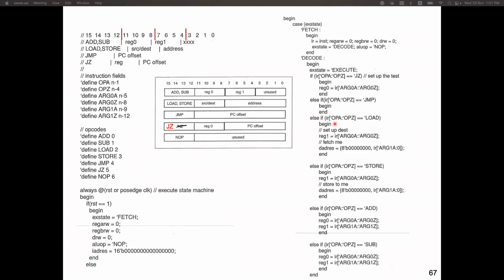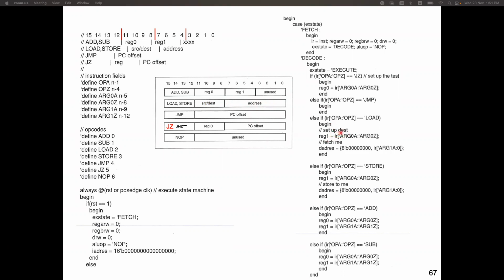If the code is load, then we need to find the address for the source, for this register address, and the address of the data memory is load.